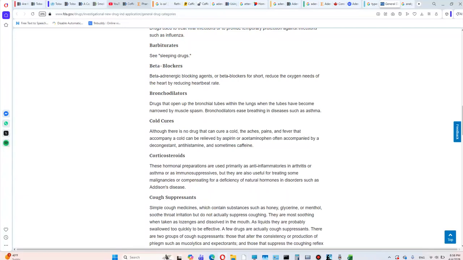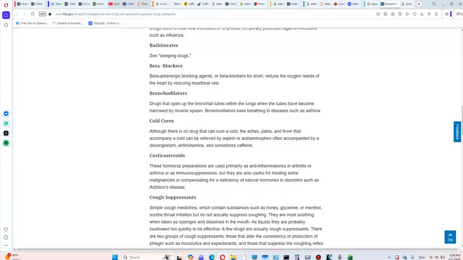Bronchodilators, drugs that open up the bronchial tubes within the lungs when the tubes have become narrowed by muscle spasm. Bronchodilators ease breathing in diseases such as asthma.